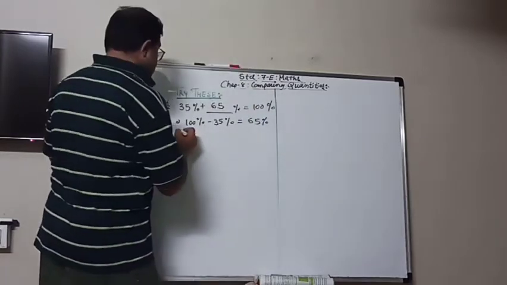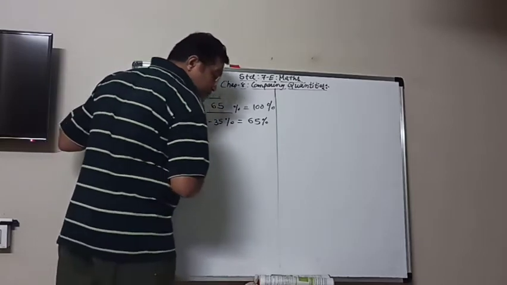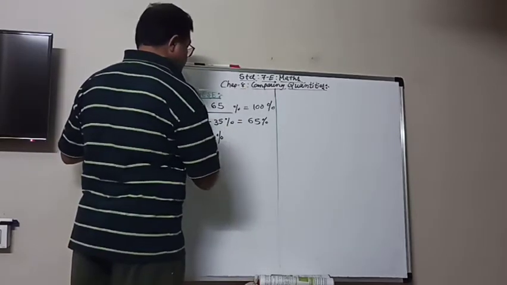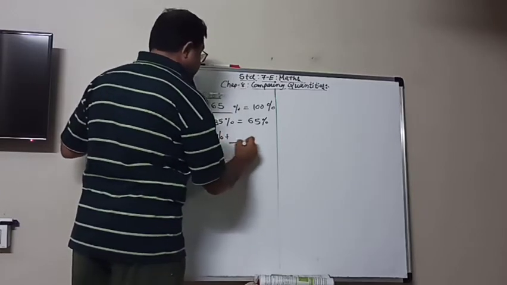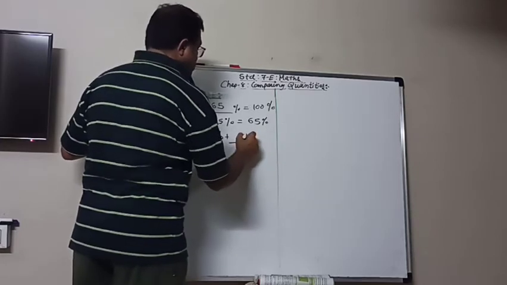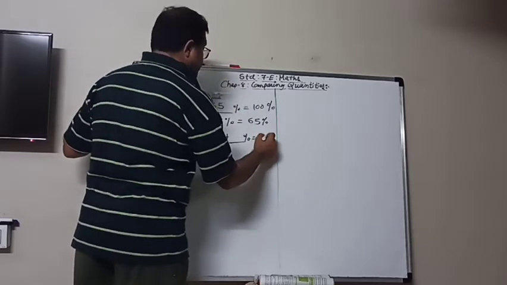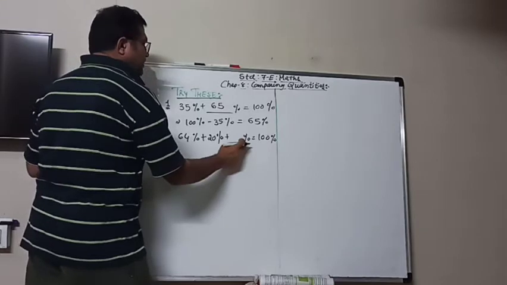Second thing, 64% plus 20% plus blank percent is also equal to 100%. So here only one part is remaining.